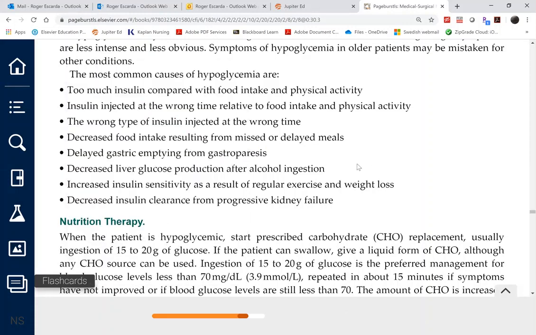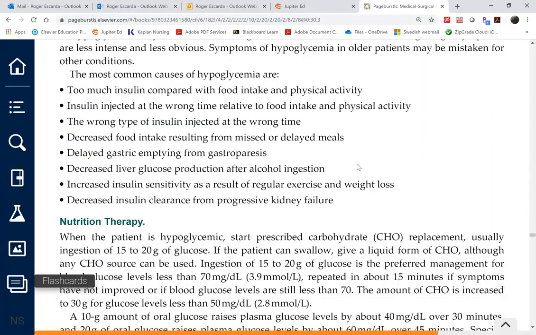So, for instance, if the stomach normally empties 1 to 2 hours after eating a meal, which is great because we have insulin lispro also peaking in about 1 to 1.5 hours, there will be no hyperglycemia because the timing of gastric emptying coincides with the timing of the peak action of insulin.